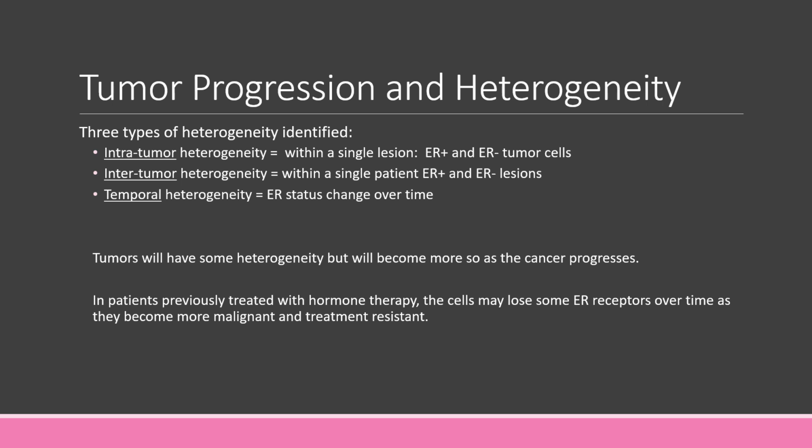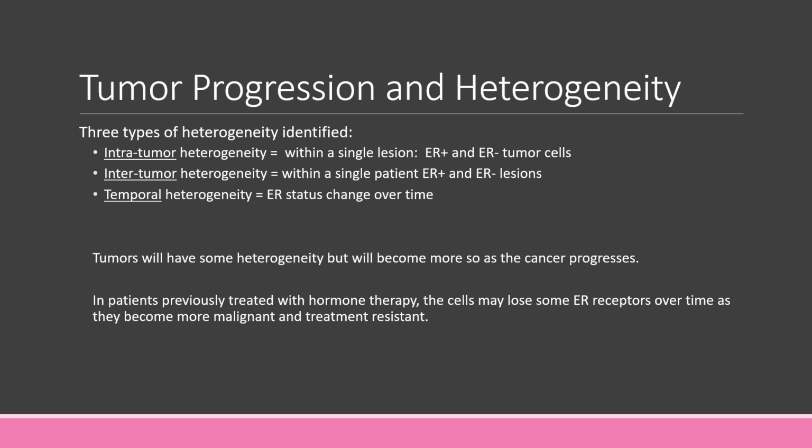Temporal heterogeneity is that the status will change over time, meaning these tumors used to be ER positive, but they no longer are. That is a very important thing to consider as the tumor progresses, because tumors will have some heterogeneity, but will become more so as the tumor progresses, and they can also change type.